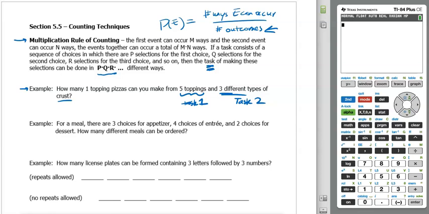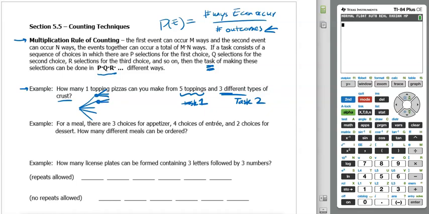There's also a way that we could illustrate this kind of counting procedure, which is that we could illustrate these tasks with a tree diagram, where when we choose the 5 toppings, we're choosing one of the 5 branches coming off of this tree. And then from that topping, whichever topping we choose, there are 3 different crusts that we can choose.